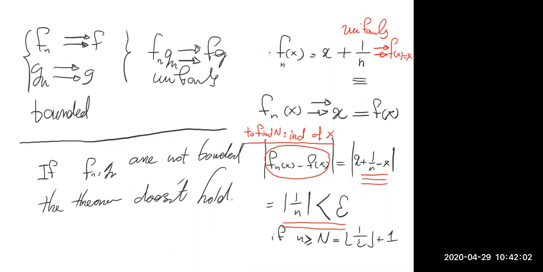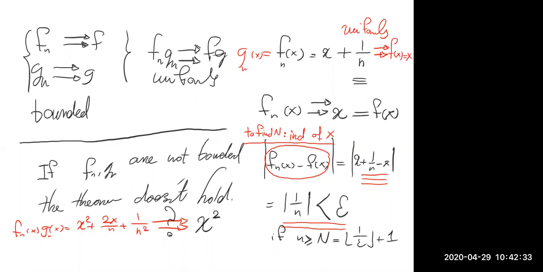Now define Gn of x to be the same sequence. So FnGn would be what we have here squared. It would be x squared plus 2x over n plus 1 over n squared. The question is whether this thing converges to FG uniformly, where f is x and FG is x squared.